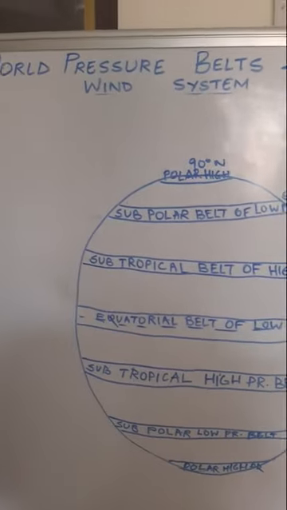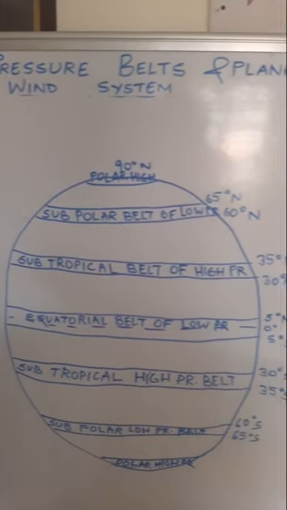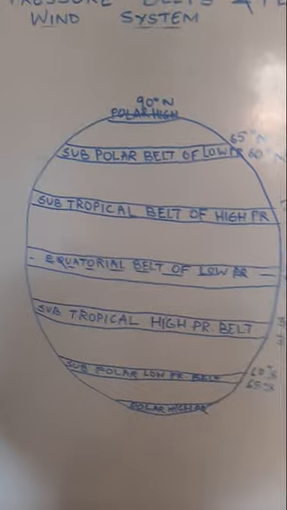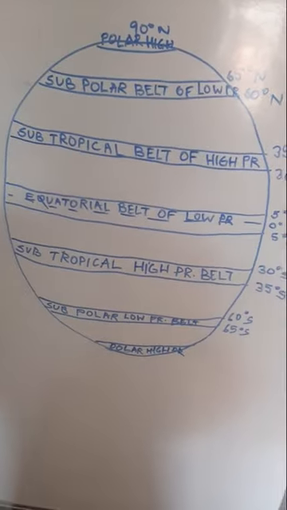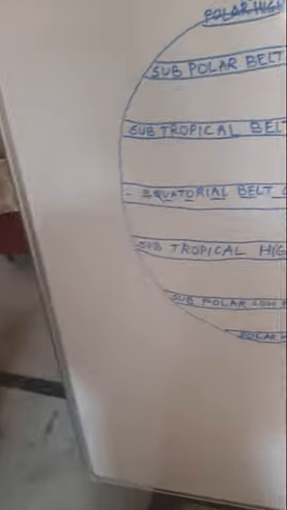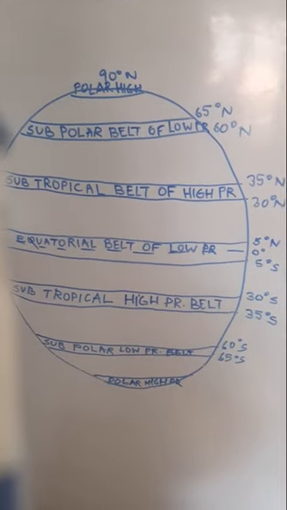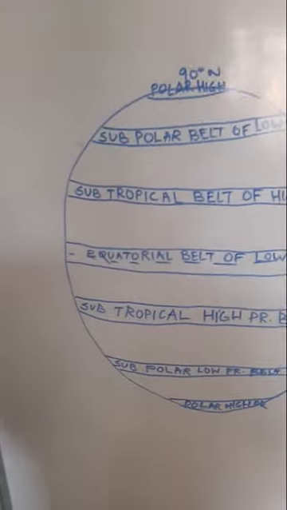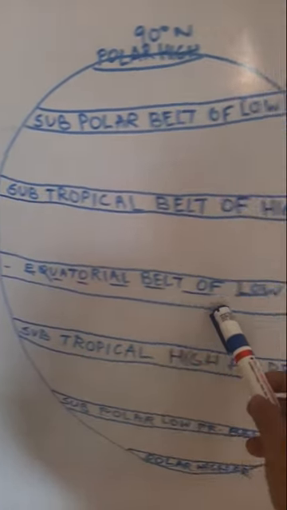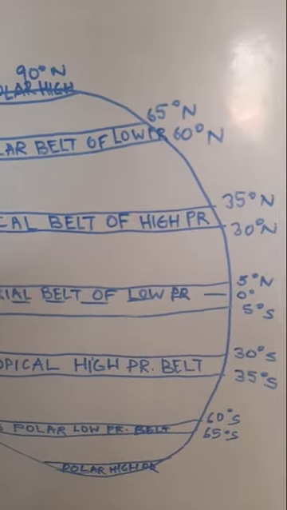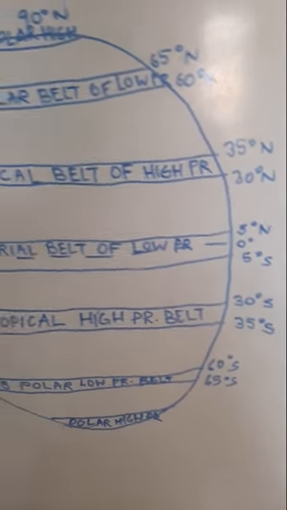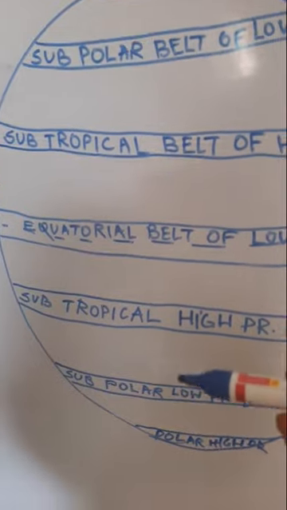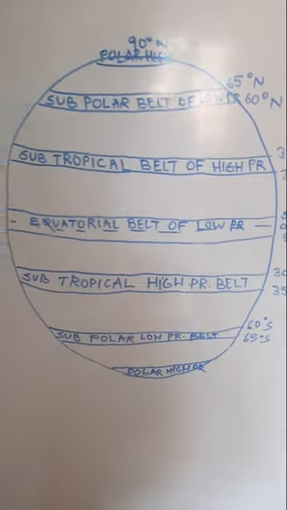In the beginning, first you draw the earth, and then we have the equator in the middle.